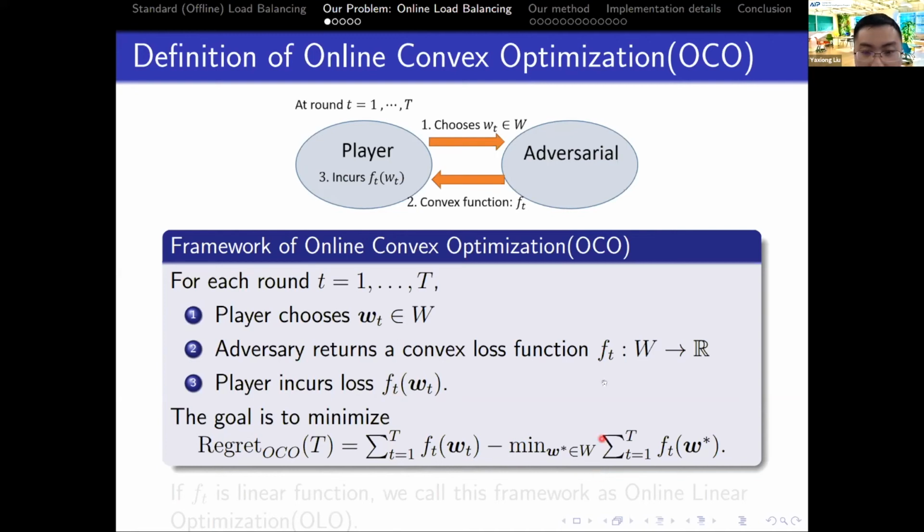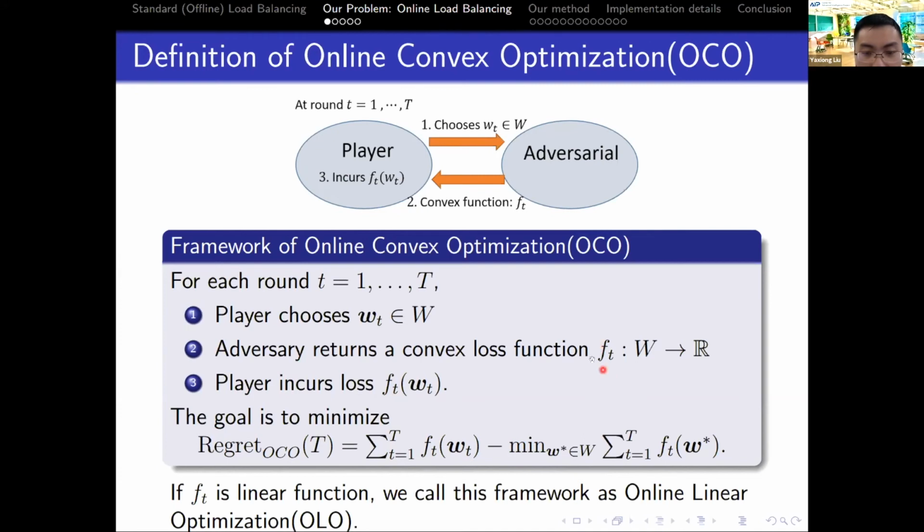And furthermore, if the loss function f_t is a linear function, we call this framework online linear optimization. So naturally, we can have such a question: whether we can just use the online convex optimization (OCO) paradigm and apply it to our online load balancing problem.